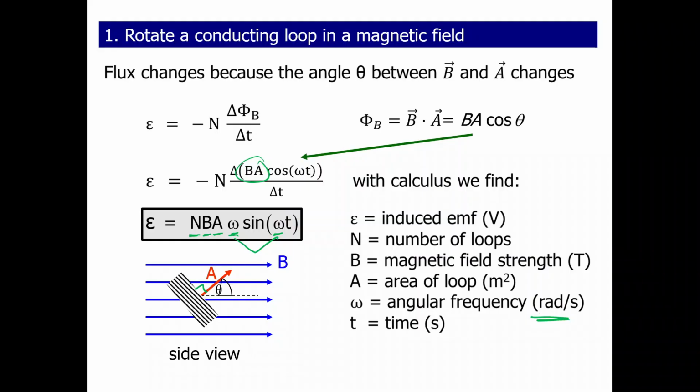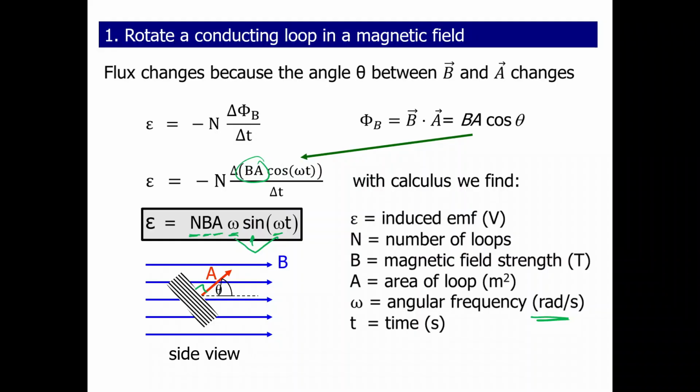So it's basically your rate of change of the angle. And then time. So those are the different factors. And it is based on sine. Why it switches from sine to cosine, from cosine to sine is a calculus thing with the derivatives, which you don't need to worry about. But this formula is on your formula sheet.